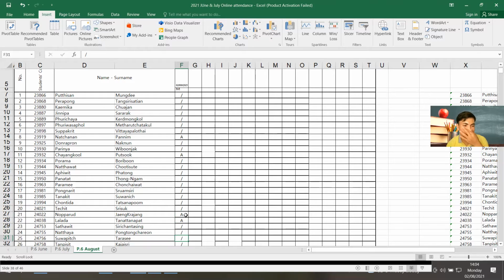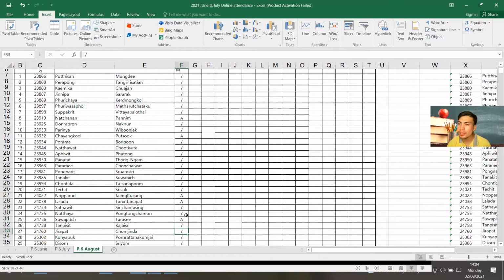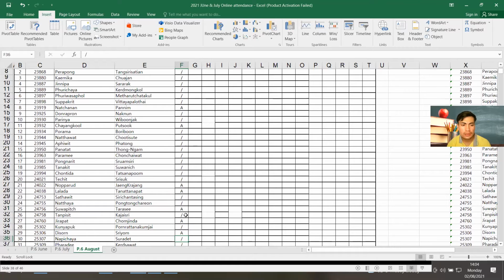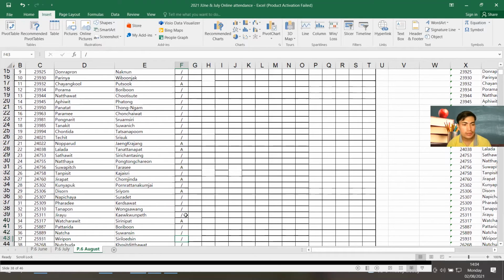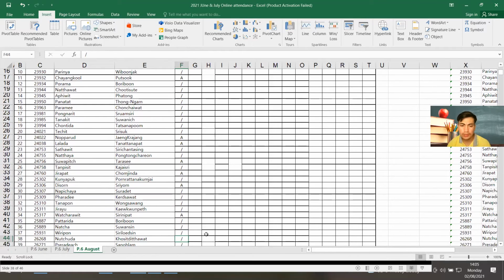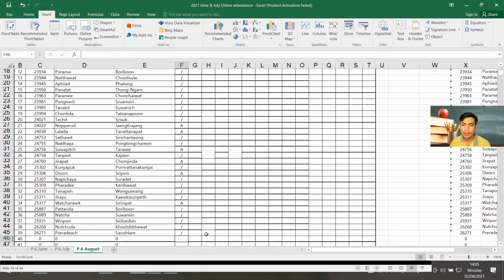Number 25, Suwapich, are you here? 27, Jirapat, are you here? Disorn, are you here? Number 34, Watcharawit, are you here? Wiripon, are you here? I think I saw Wiripon earlier. Oh, he was here. Okay, Watcharawit 34 is here.